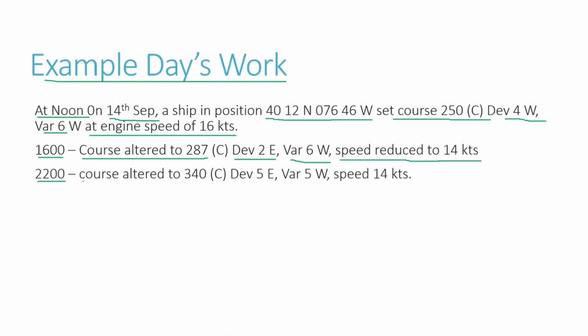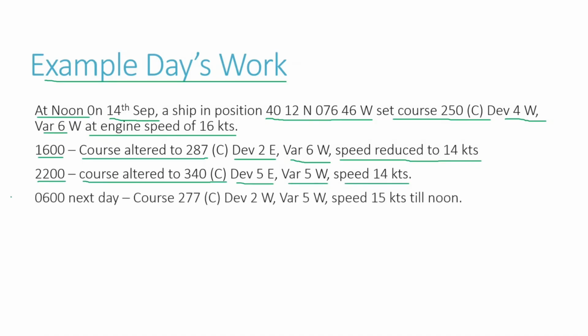At 2200, the course is now altered to 340 compass. The deviation is 5 degrees east, variation is 5 degrees west, and the speed is maintained at 14 knots. This continues to 0600 on the next day.